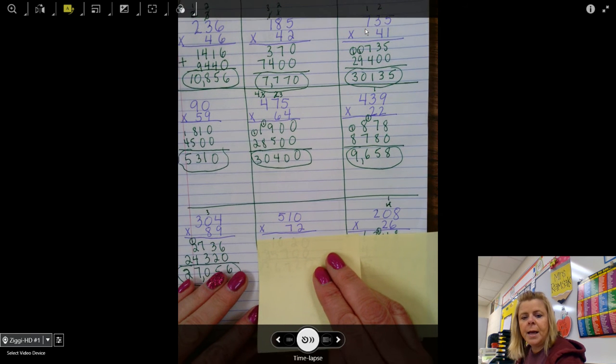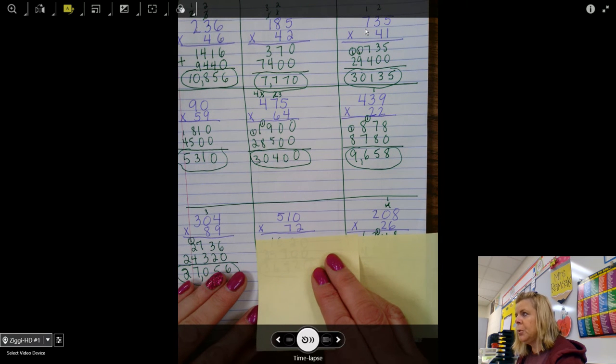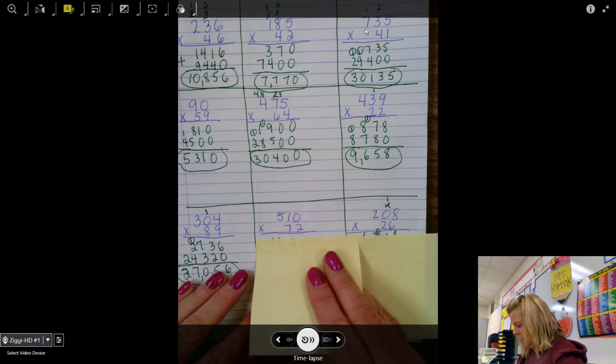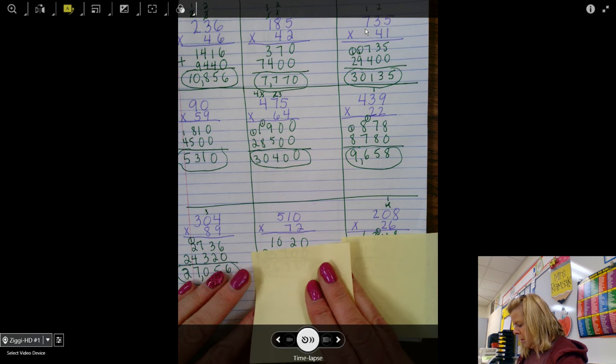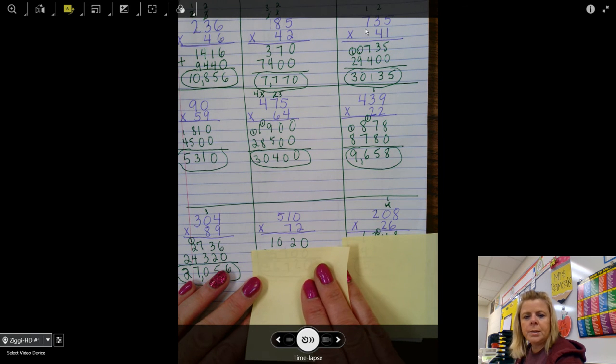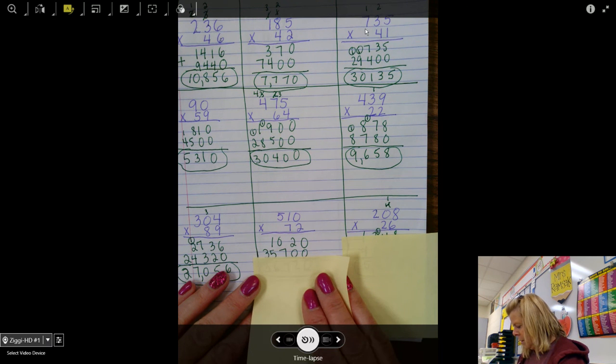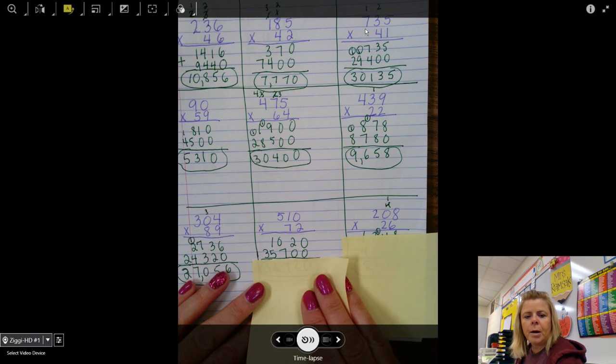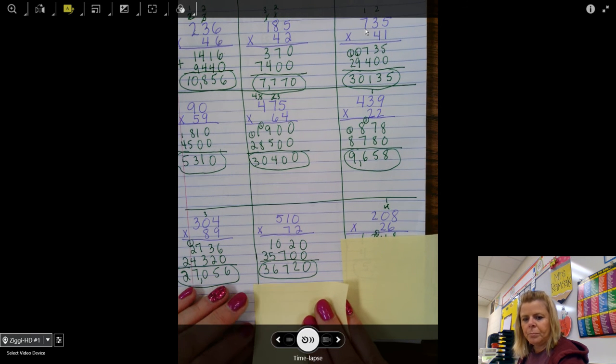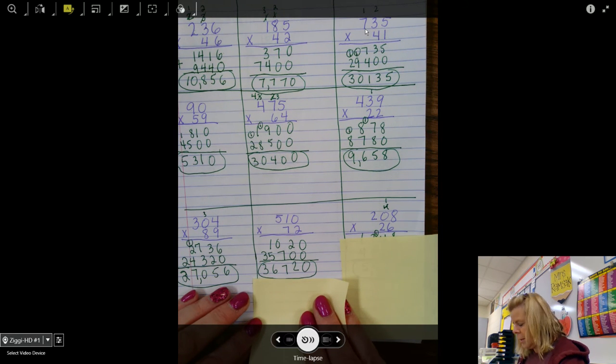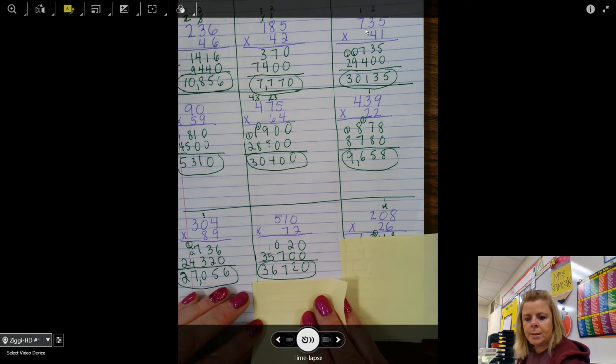Okay, we have 510 times 72. First partial product, 1,020. The second partial product, 35,700, with my final answer being 36,720.